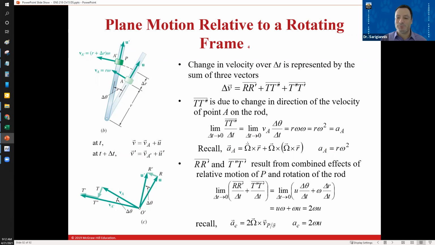And you can do a similar thing for R dot or R prime and T double prime, T prime, and you can also add those together. Take the limit as you approach 0, and you get U omega plus omega U equals 2 omega U, which is what we got previously, on the previous slide, for the Coriolis acceleration.